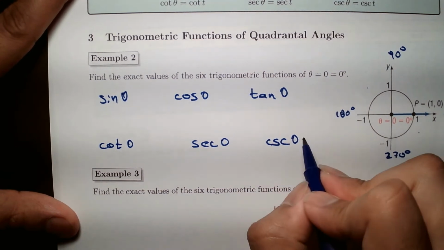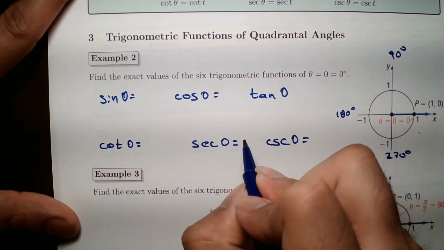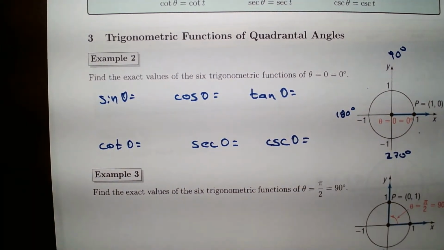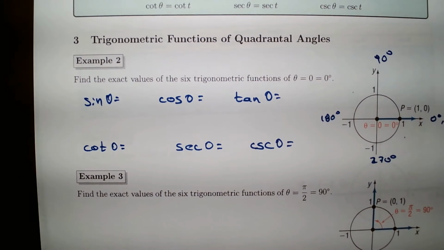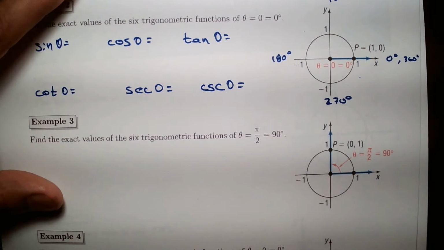All right, so in this case we need to know what the x value is for 0 degrees and what the y value is, and it's given here.